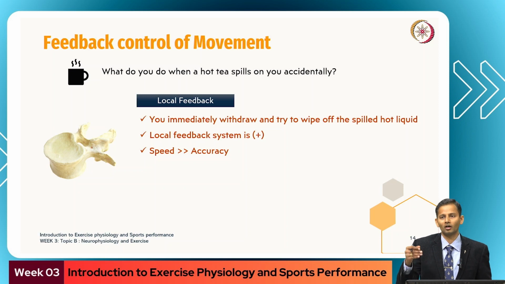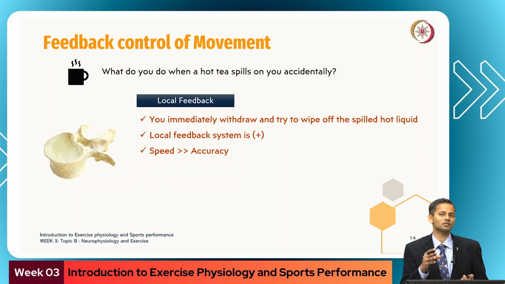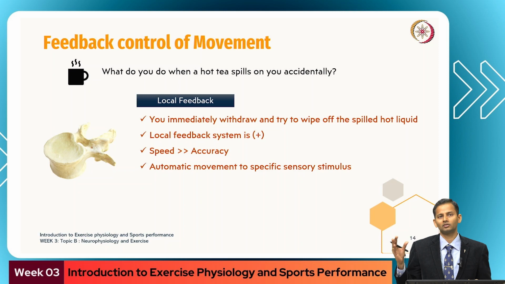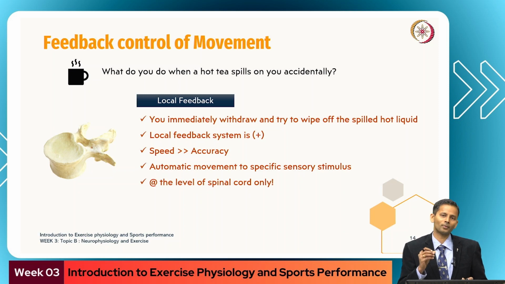It is not that you think about how slowly you would remove it or in what position. That thought process is not there when hot tea spills over you. So you immediately remove it, right? In such local feedback loops, speed is more important. These are more automatic movements and are done reflexively. This happens more at the level of the spinal cord itself.